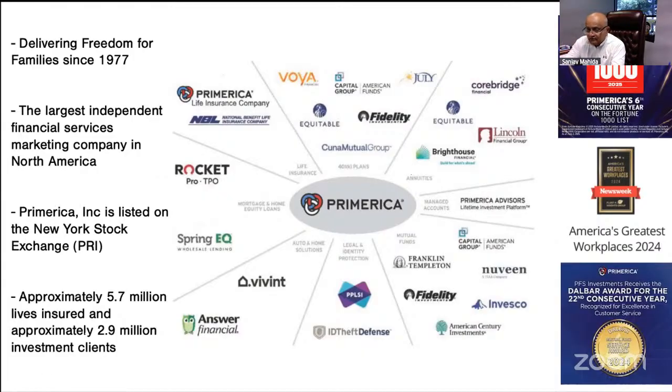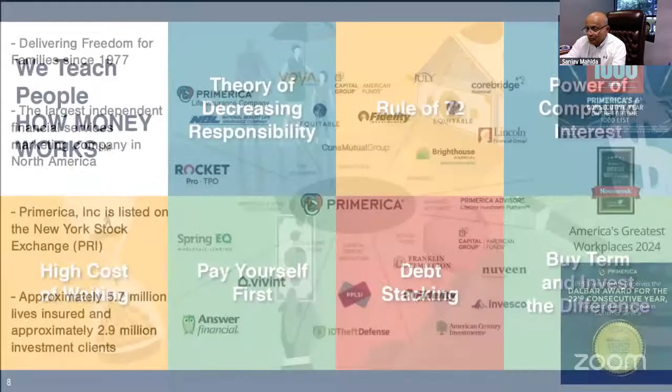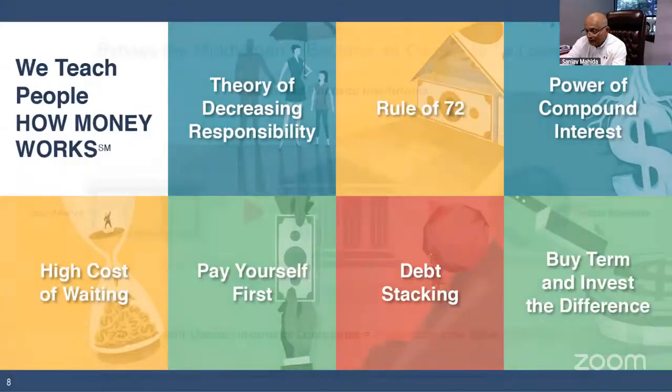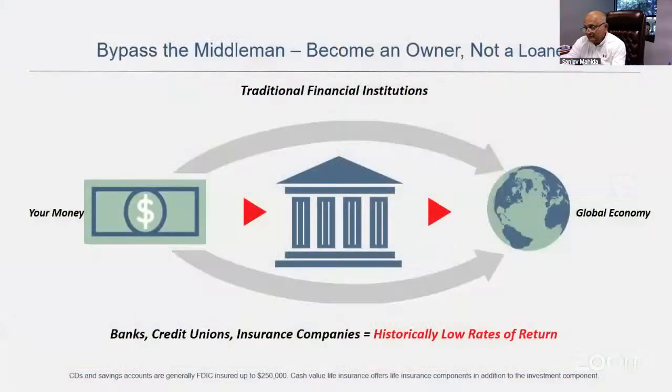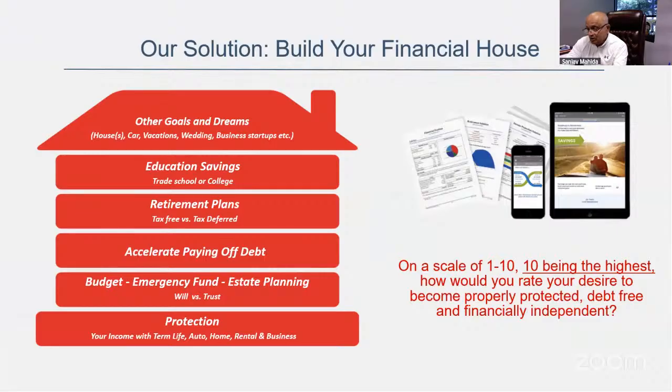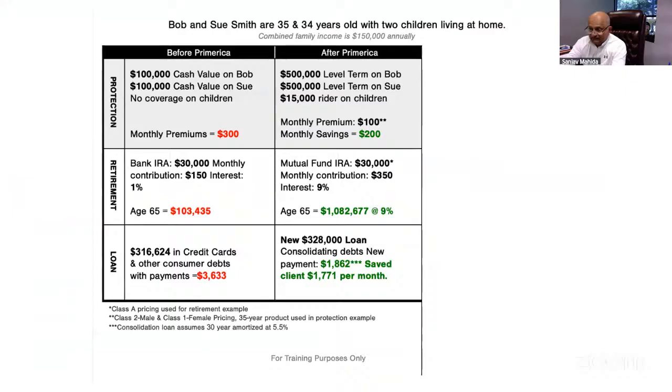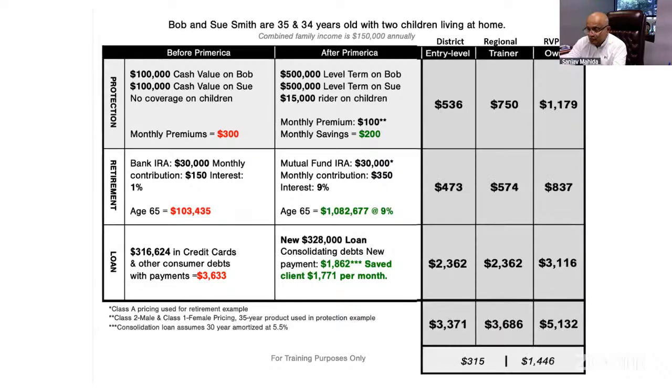Who we are: this is Primerica. What we do is we teach people how money works. Then here are some secrets, here's our solution on how we help families, and here's an example of a client. I'm going to do a whole presentation, but I'm just giving you a quick crash course. And the last one is how much money we make.